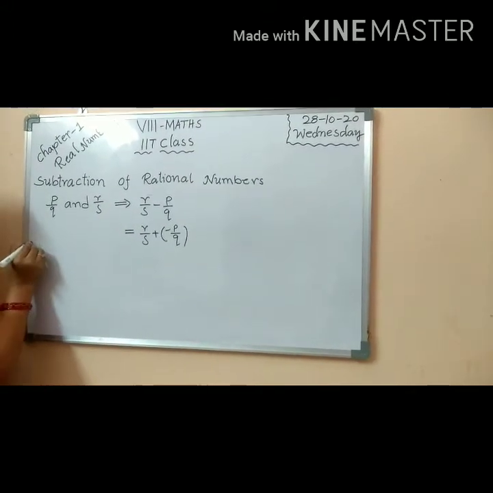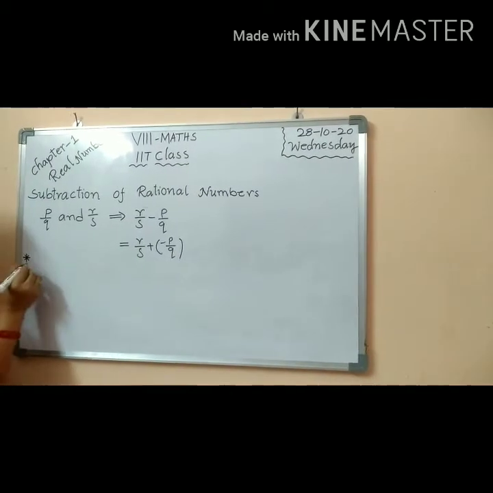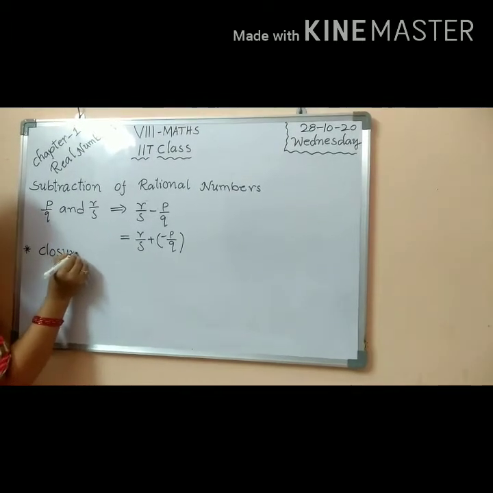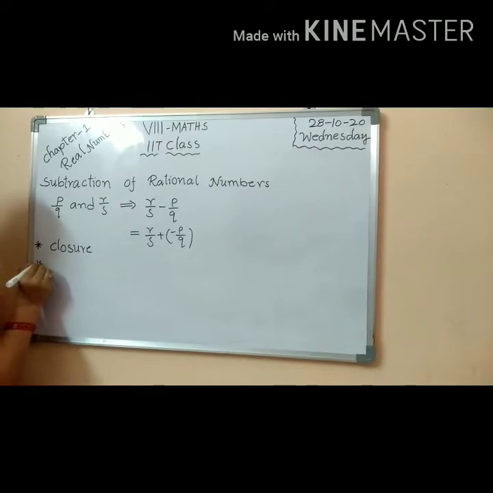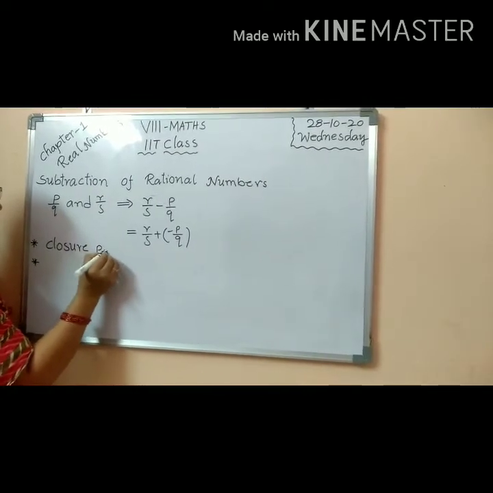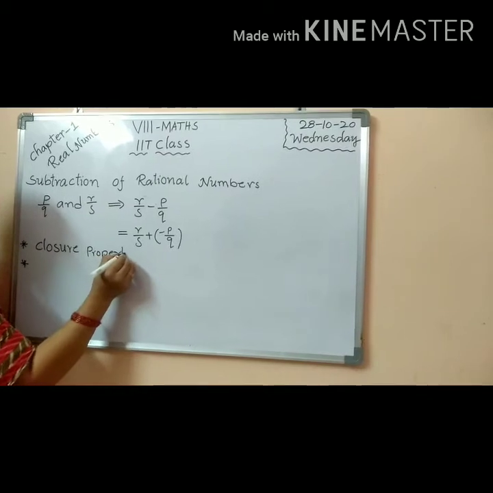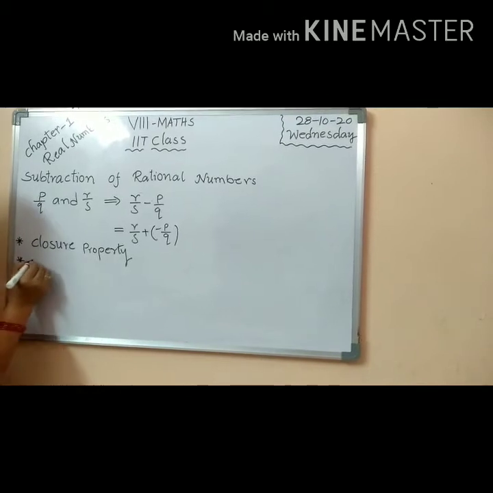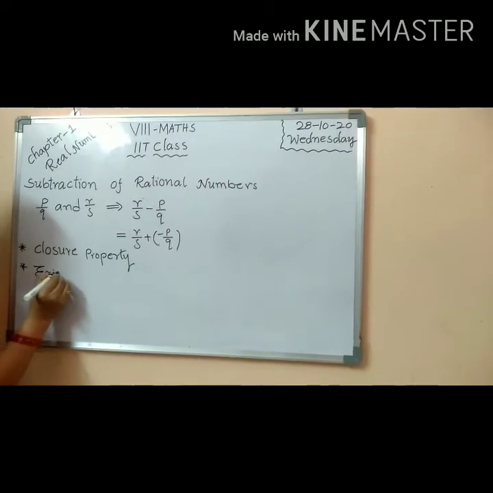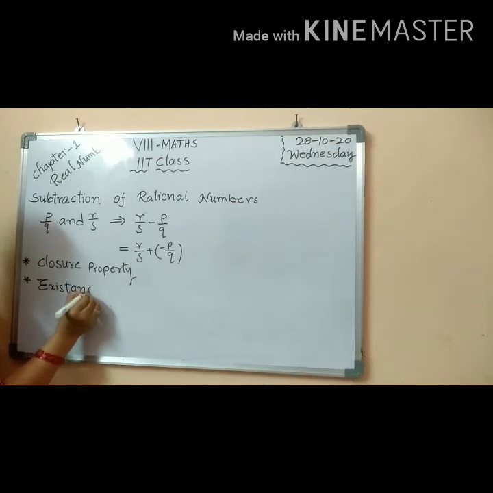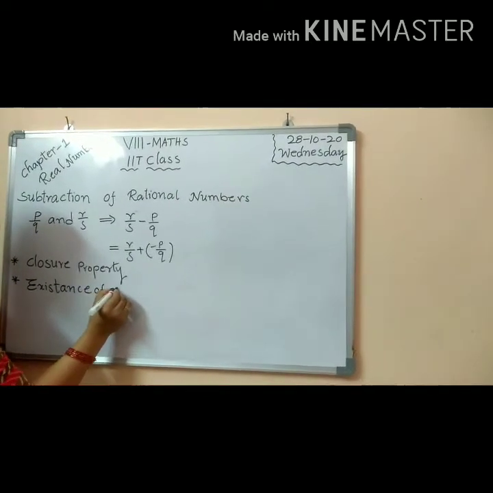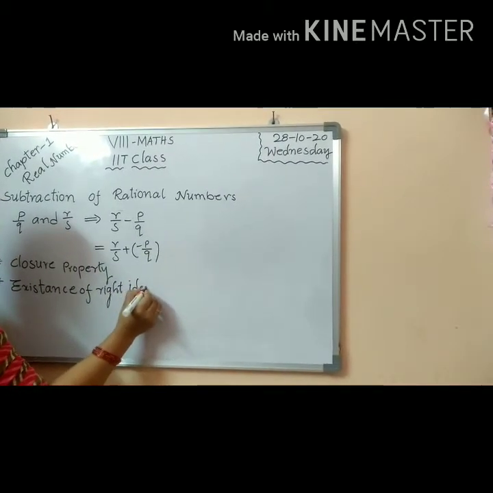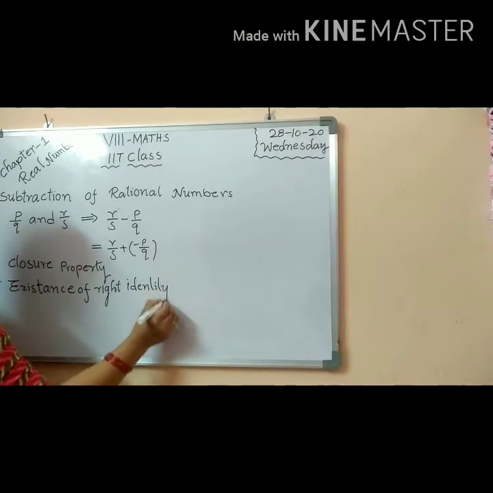In these properties, under subtraction, the closure property and the next one, the existence of right identity.